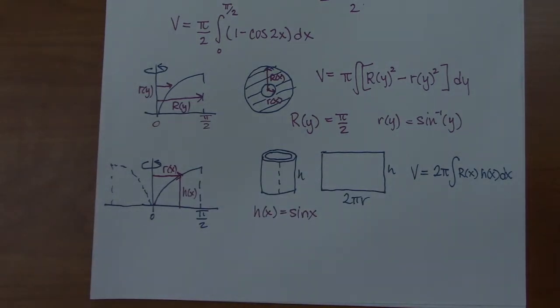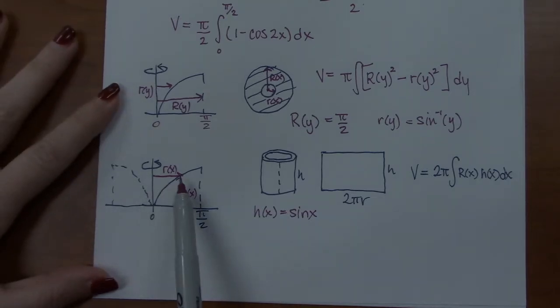So how do we define the distance from the y-axis to a point on the positive x-axis in terms of x? Solve for y or solve for x? Think about this. If I take this guy and trace it down, what's right there? It's just x.